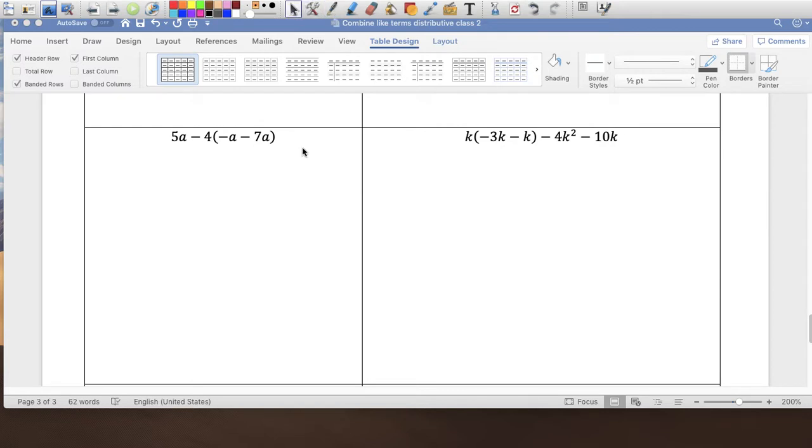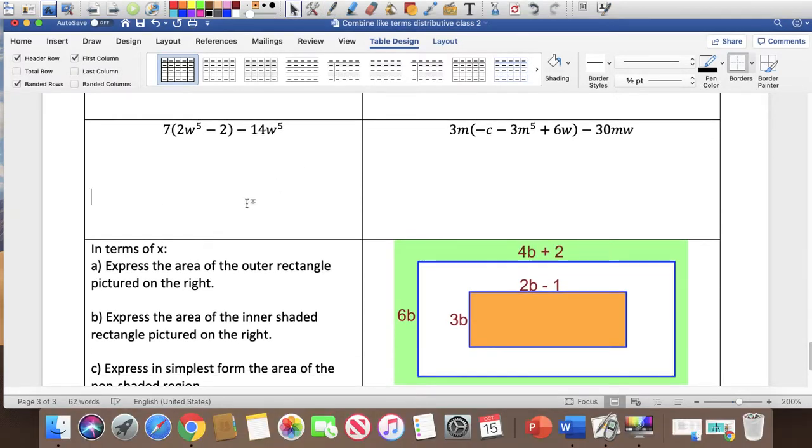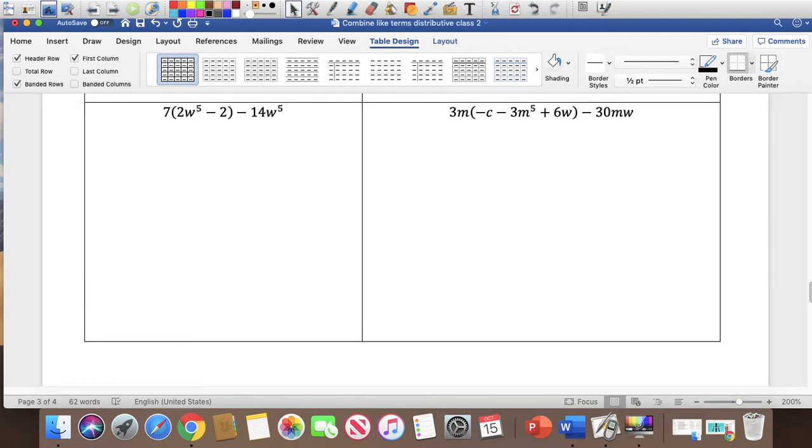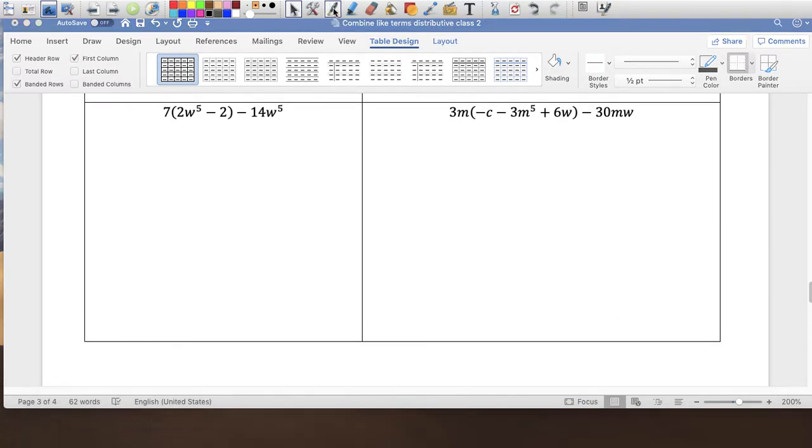You've got to be careful, right? I wouldn't even call it a lot of work. It's just got to be careful with your numbers. Positive times a positive is 14w5. And then 7 times a negative 2 is going to give you negative 14.